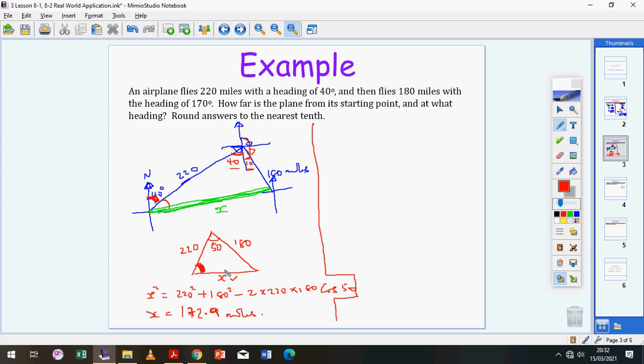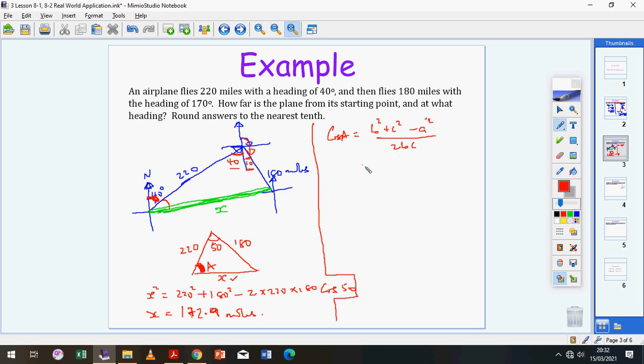If I call this angle A, then the cosine of A will be equal to b squared plus c squared minus a squared, divided by 2bc.